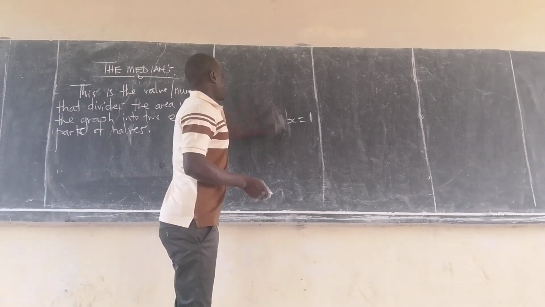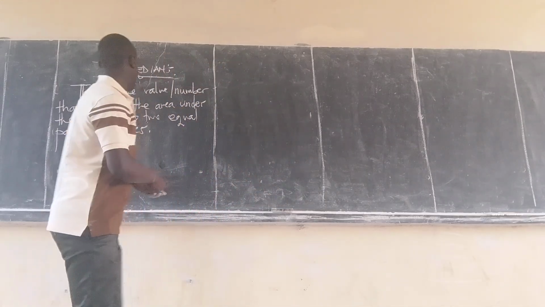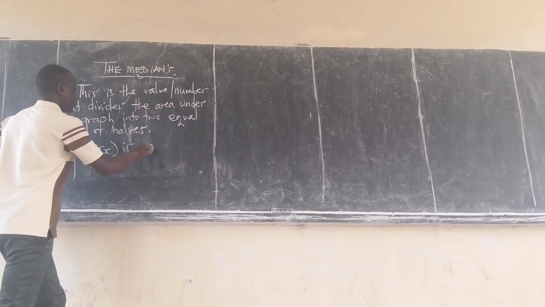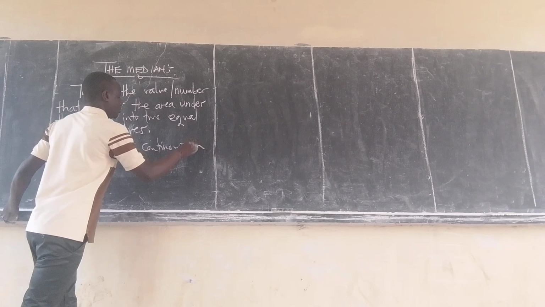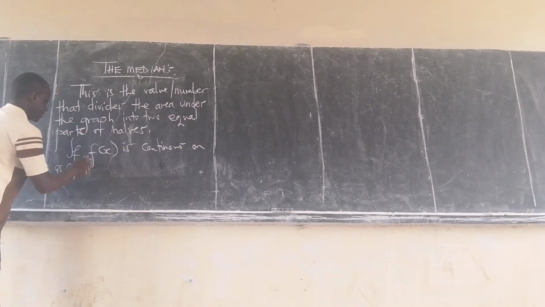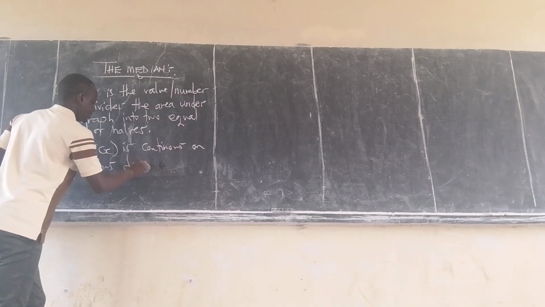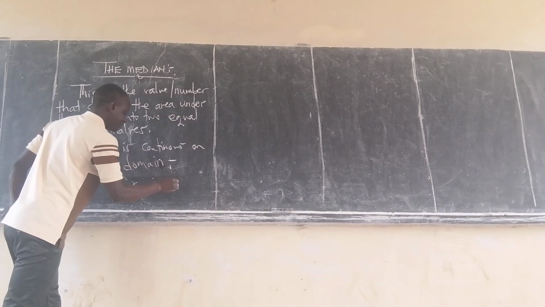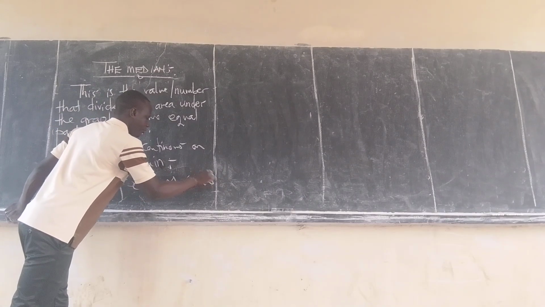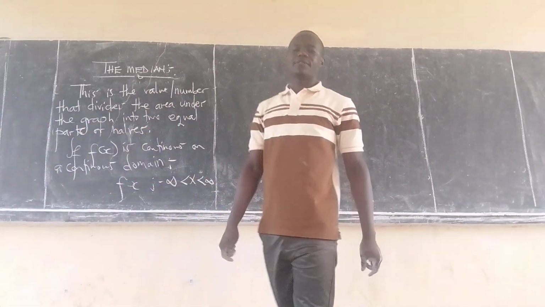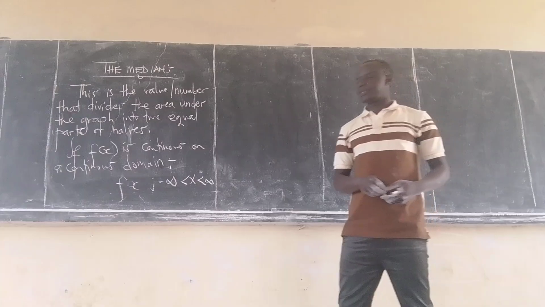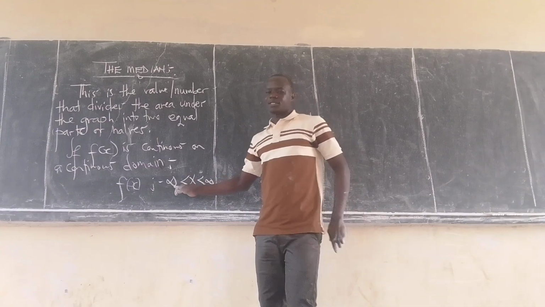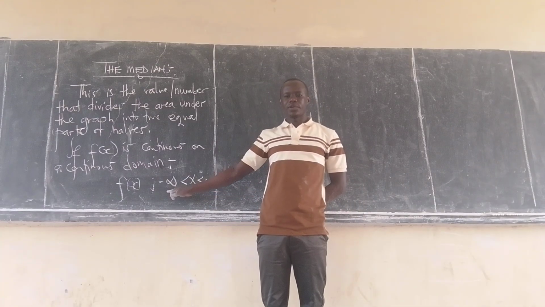So if our f of x is continuous on a continuous domain, to mean that f of x is defined from negative infinity up to positive infinity, then the value of x which is going to divide this interval into two equal parts is what we call the median.